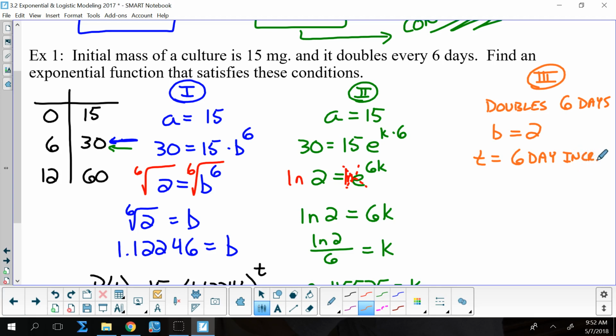So my P of t would equal 15 times 2 to the t power, but t is in 6-day increments.